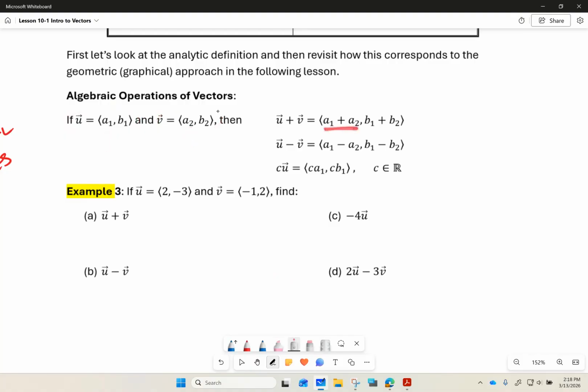That's what that means. And the y component, that's what that means. Okay? Same thing with subtraction. Stick to the x components being put together and the y components being put together. If you talk about multiplication, you just take whatever that c value is, that constant, and multiply it by each one of the components.